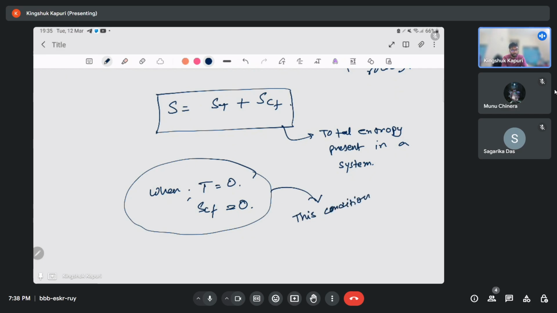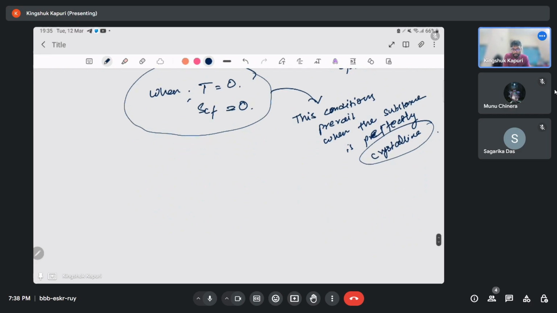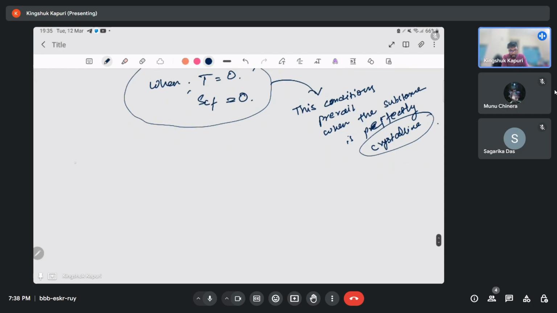These conditions prevail when the substance is perfectly crystalline. Okay, so this is the summary of entropy.